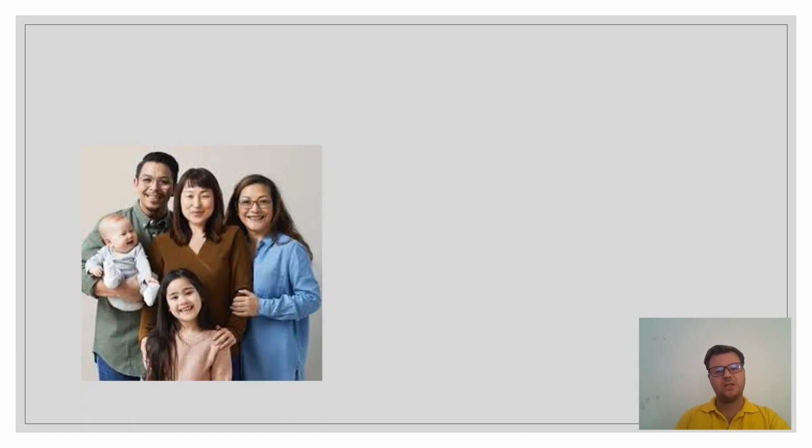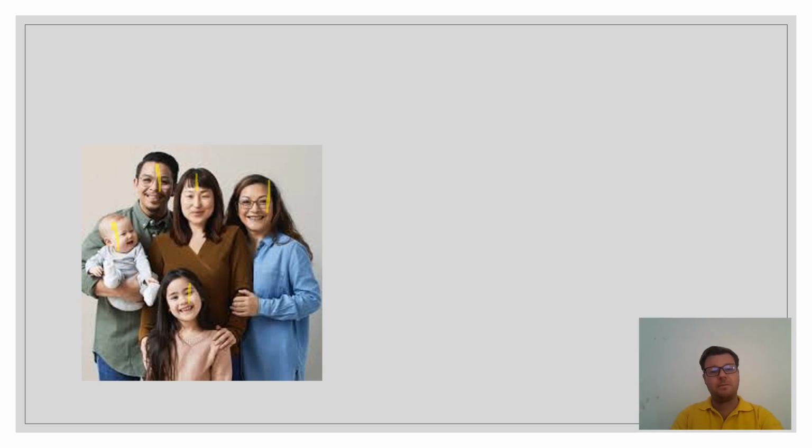Now let's look at another example. Let's look at the picture and tell me what you can see. I can see a family. How many people are in this family? 1, 2, 3, 4, 5. So this is a big family.